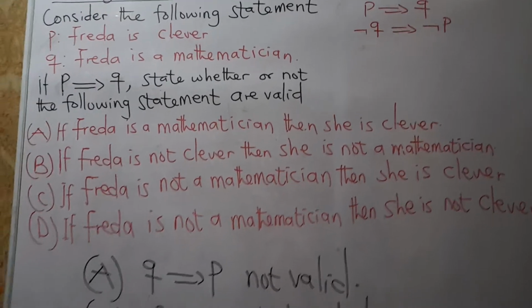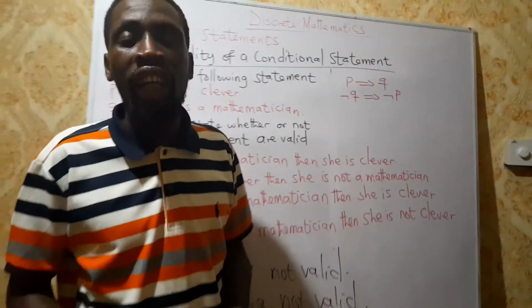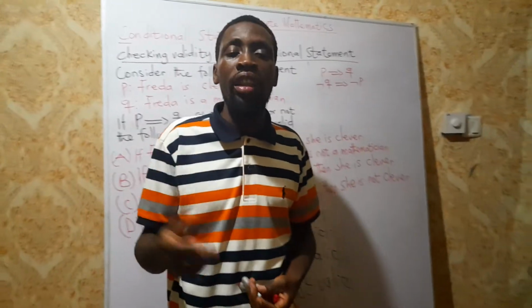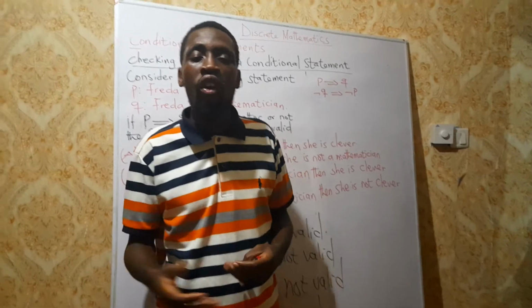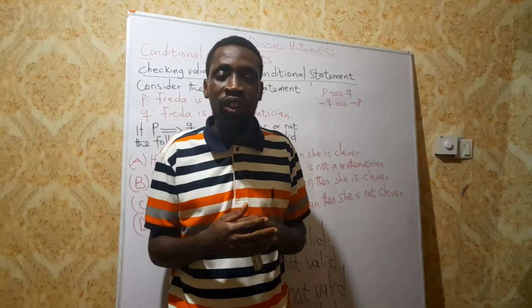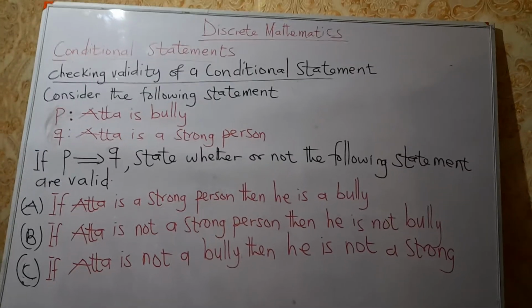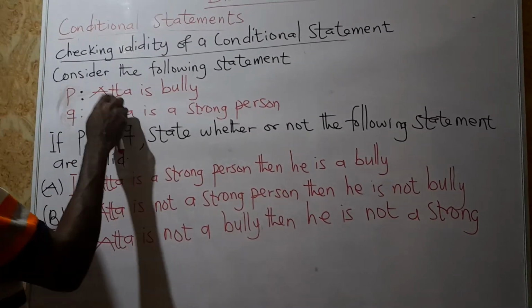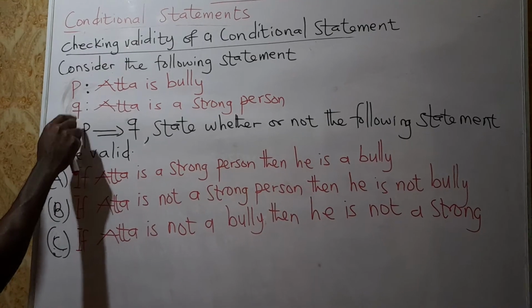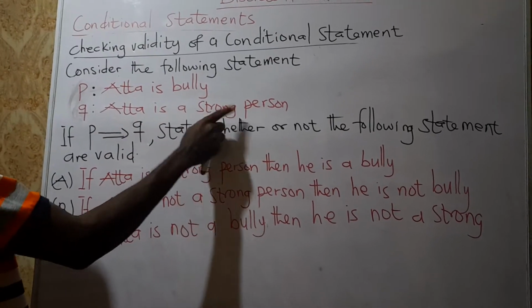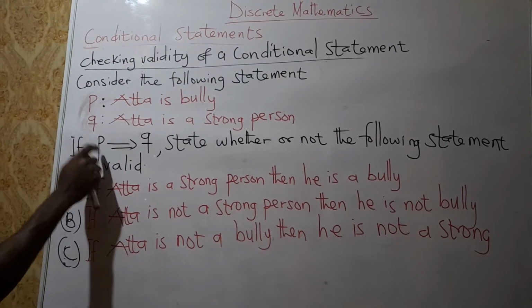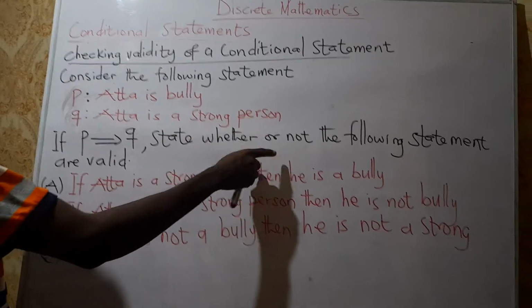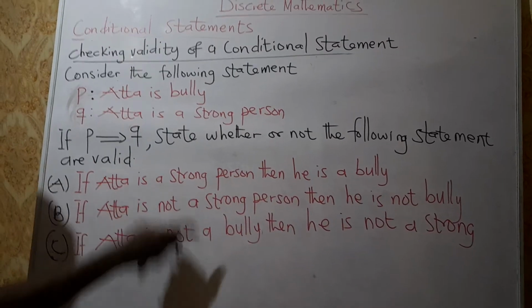I'll put one more question on this so that you try and check out which one is a valid statement and leave your answers in my comment box. So let's look at the second question. It says, consider the following statement. Atta is a bully, that's P. Q: Atta is a strong person. If P implies Q, state whether or not the following statements are valid.